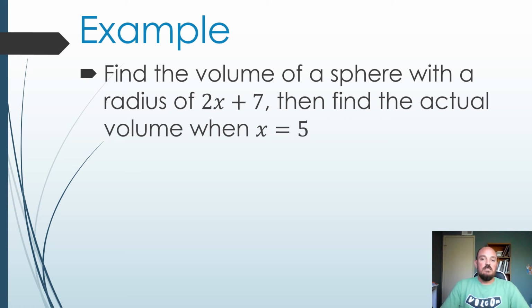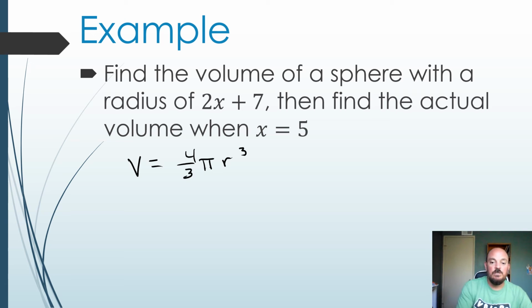For our last example, we want to find the volume of a sphere if the radius is, and instead of giving you a number for the radius, I gave you an expression. The radius is 2x plus 7. So let's do that. Volume of a sphere is 4/3 pi r to the 3rd power, or r cubed.